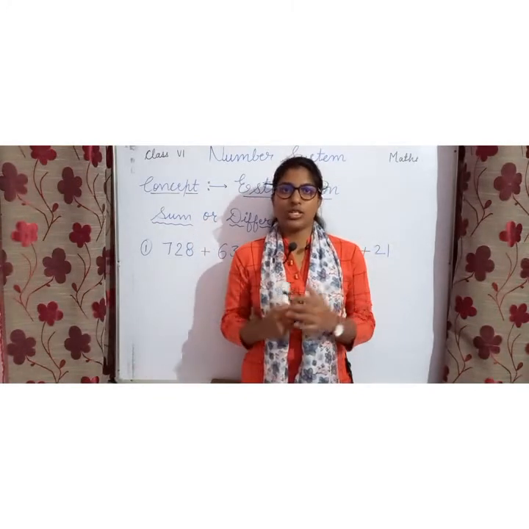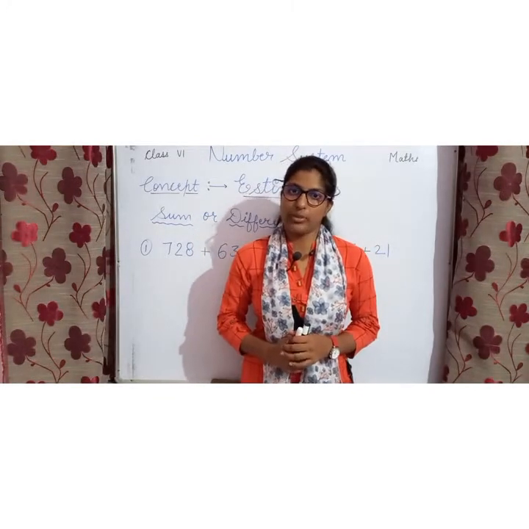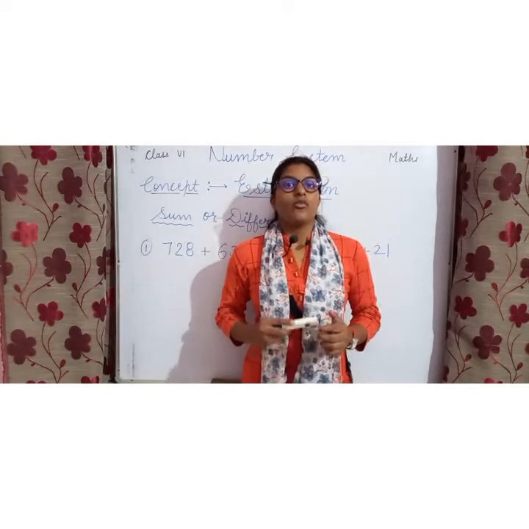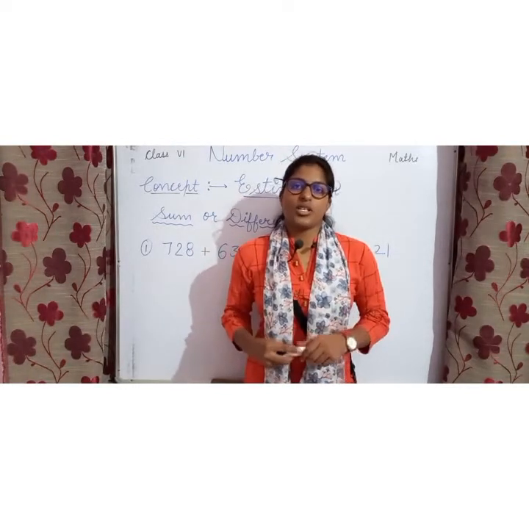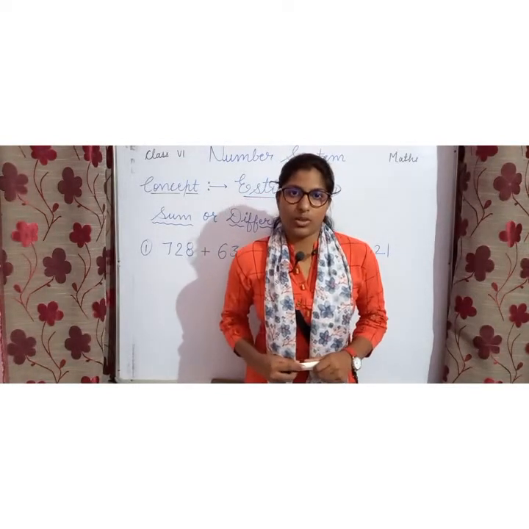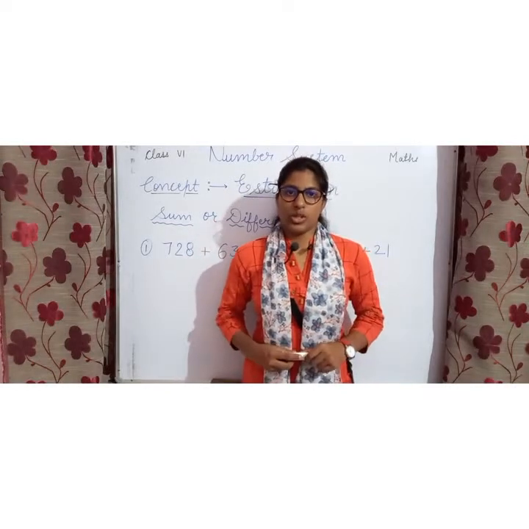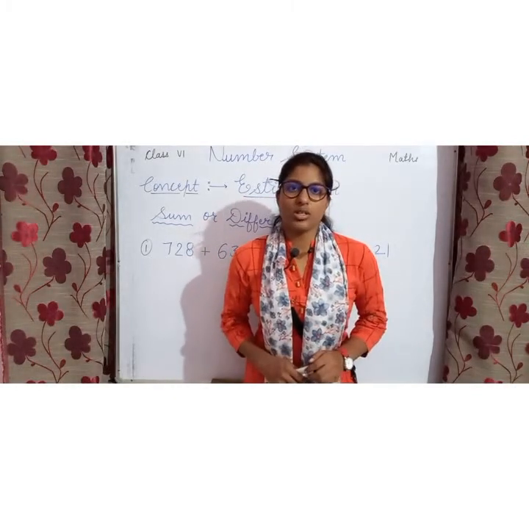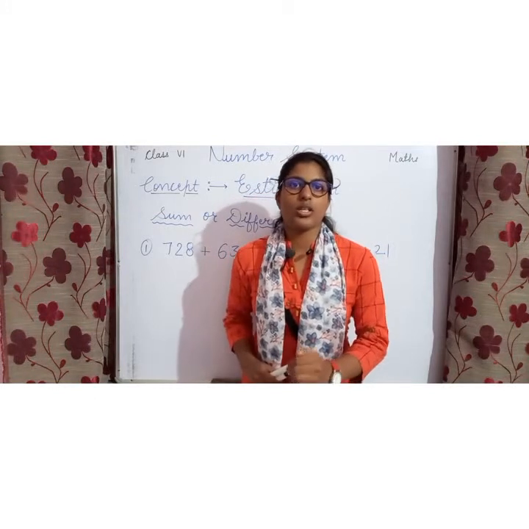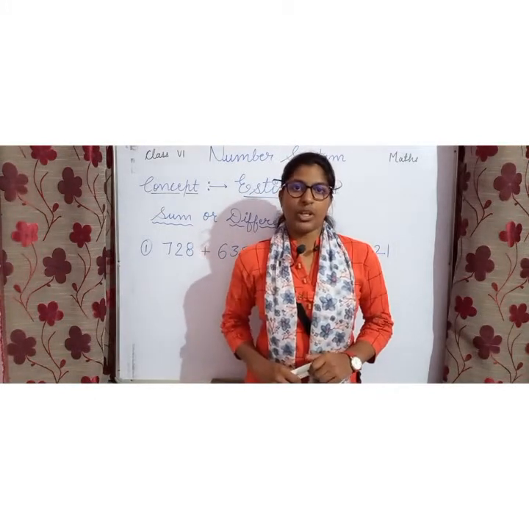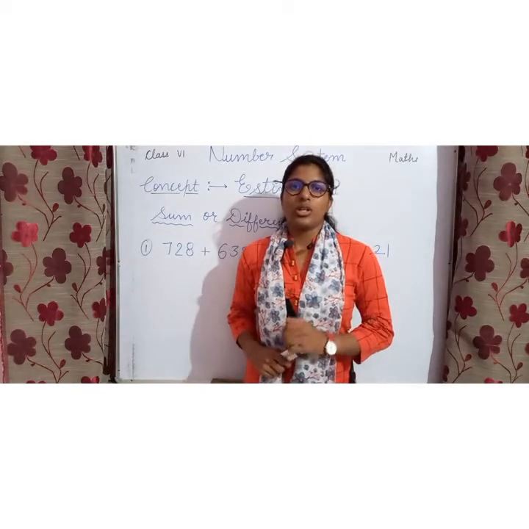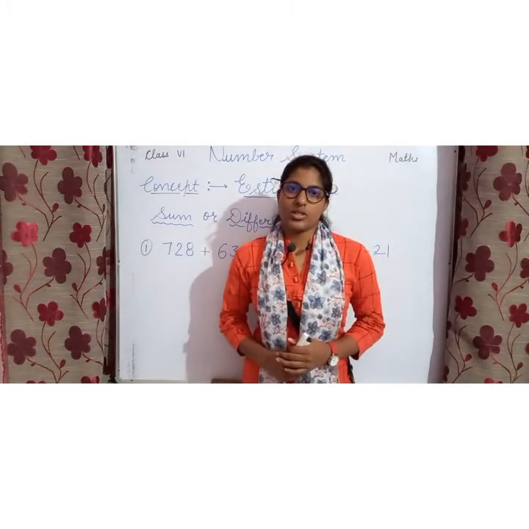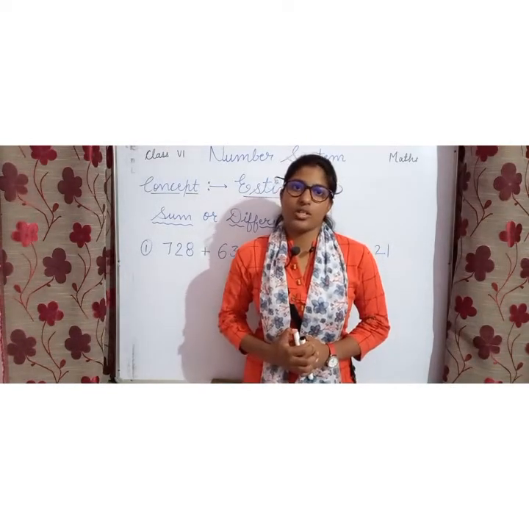Next, find the greatest place value of that smallest number. Rule number 3, round off all the numbers according to the smallest number's place value. And rule number 4, add all the numbers and you get your answer of estimation.